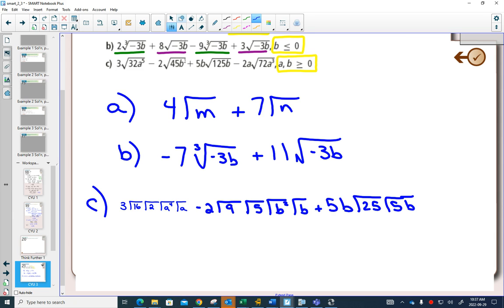And I'll keep the b inside. I'm still going to run out of room. Minus 2a. 72 is 36 and 2. And a squared and a. Wow. So showing all my work takes a lot of space.